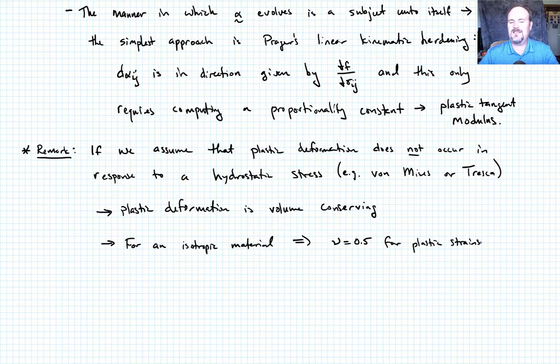Obviously elastic strains can still do what they would like with respect to the Poisson's ratio, but plastic strains must retain a Poisson's ratio, if you like, of 0.5, and you can convince yourself with a simple prismatic tension test that a nu of 0.5 is what gives you a volume conserving response. So just wanted to make you aware of that, and remind you that that's one of the outcomes of making the assumption that plasticity only occurs in response to deviatoric stresses.